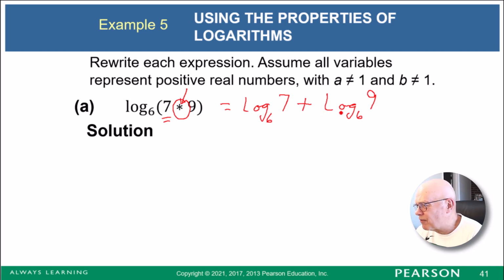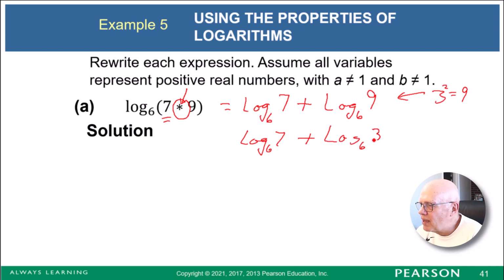I'm going to go one step further, because notice that 3 squared is 9. So we can rewrite this as log base 6 of 7 plus log base 6 of 3 squared. So remember that third property? Log base 6 of 7 plus, slide that 2 out front, and we've got 2 log base 6 of 3.